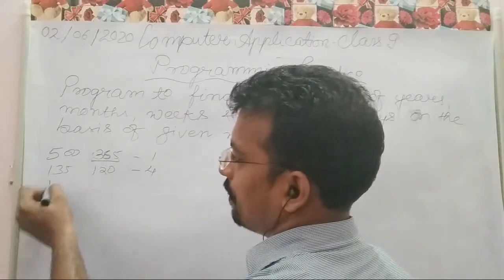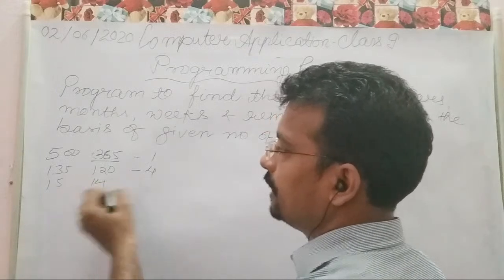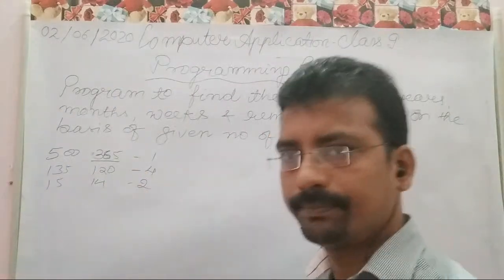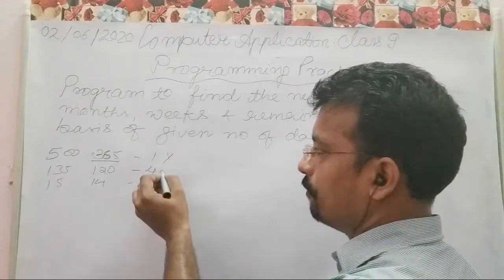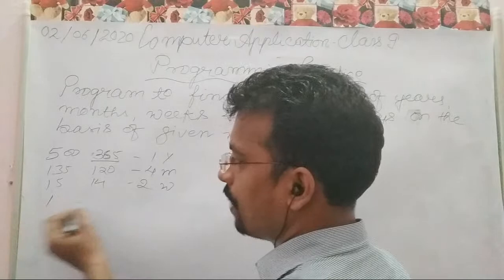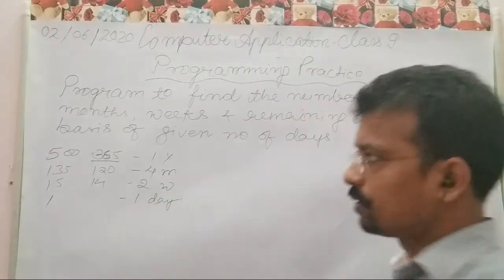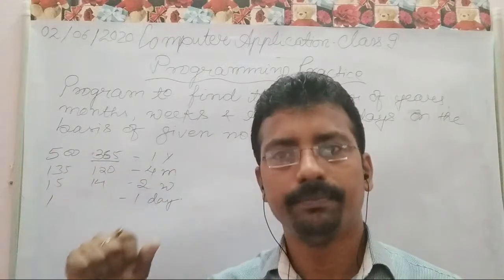Next, the remaining 15. In 15 we are getting 14 as 2 weeks. So 1 year, 4 months, 2 weeks, and whatever remains after that, 1, that is 1 day. So this way your program will proceed.